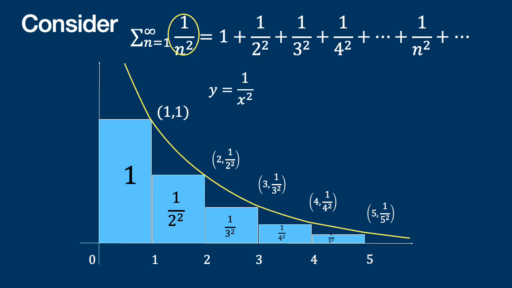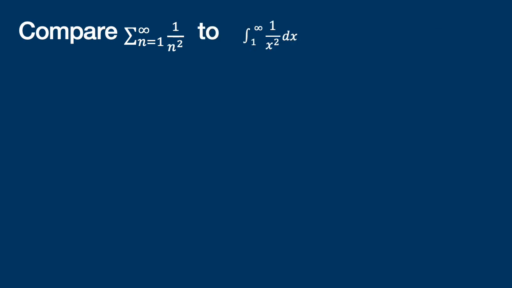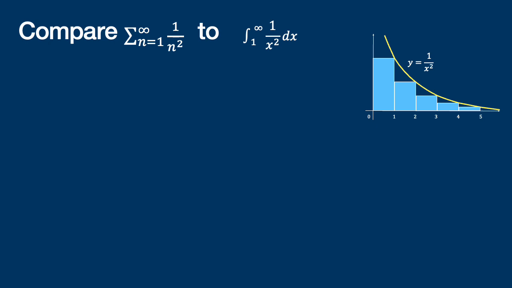What kind of relation is there between this area and the area below the curve? Now, guys, I want to compare the infinite series and the improper integral. What does this infinite series represent? Here, the infinite series represents the area of the rectangles below the curve.